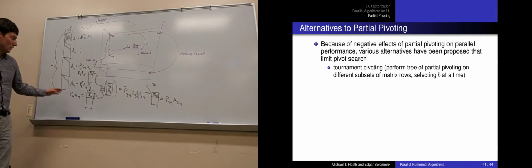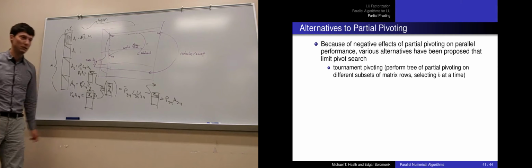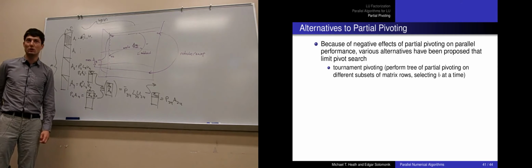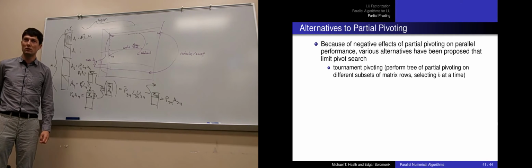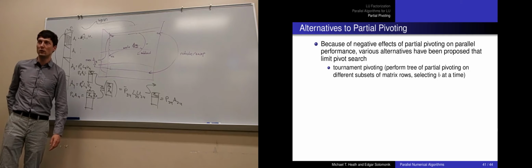So if you do the analysis for what happens in terms of stability for this scheme, it is not much worse than partial pivoting. There you can prove theoretical bounds on the pivot growth, which for LU are already exponential in problem size. Here they are like somewhat doubly exponential, I guess. But in practice, you see actually very good behavior.